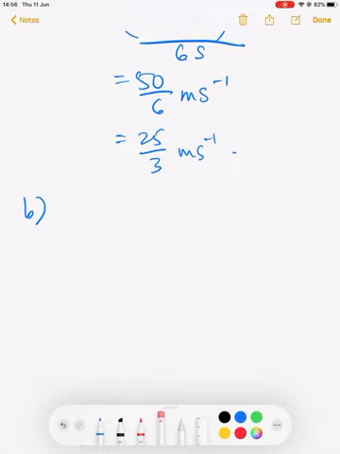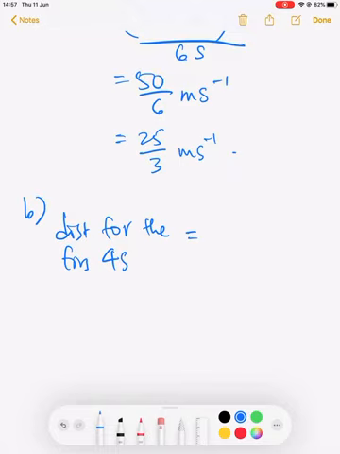Let's go back here. The distance for the first 4 seconds equals half of the distance travelled at a uniform speed.